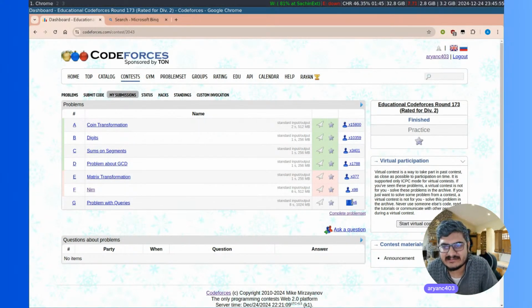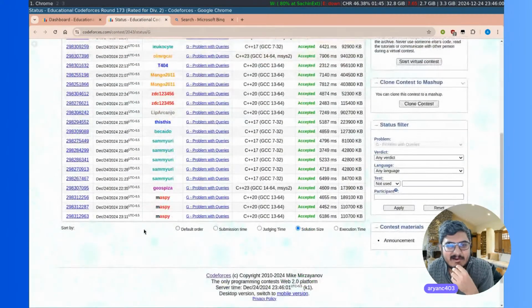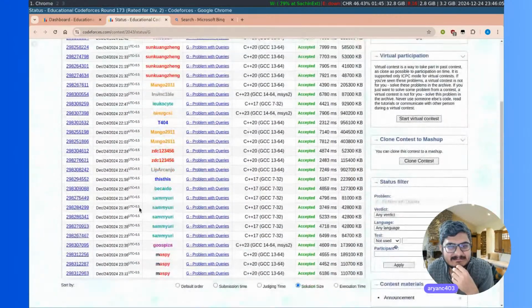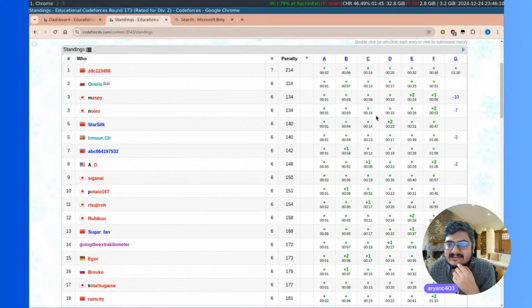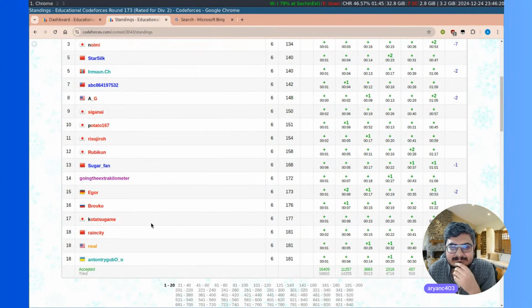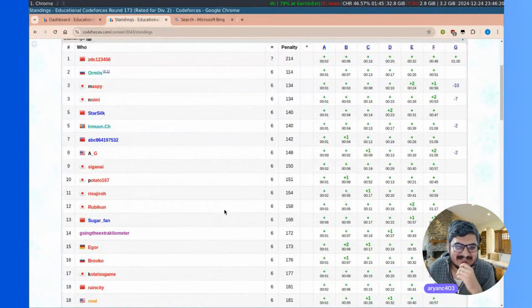That explains why only 6 people have AC on it, so this has to be higher rated. If it's just 6 people, and legendary grandmasters have failed to solve this problem, then this has to be more than 3000.